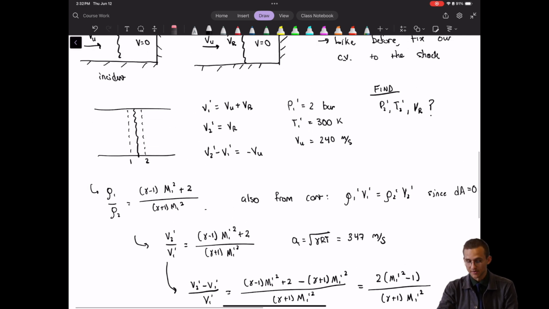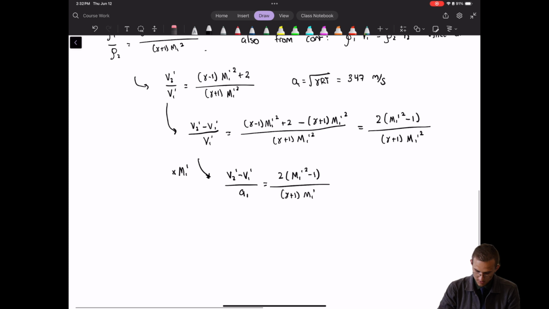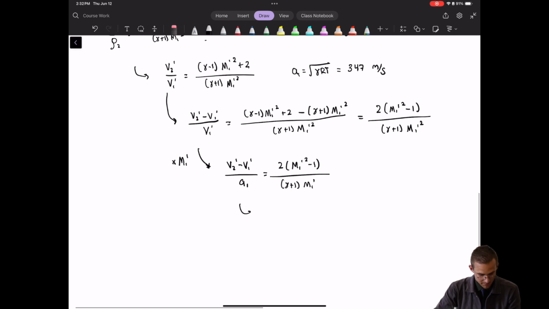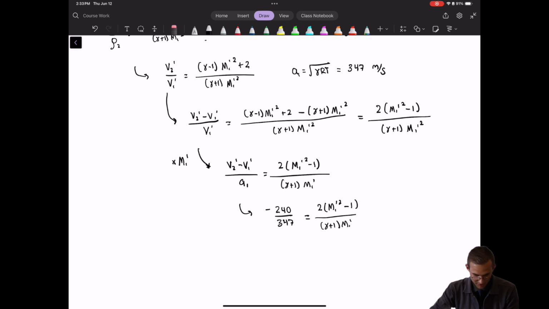It's 240 meters per second. So let's go ahead and sub in the numbers here. We end up with minus 240 divided by 347 is equal to 2 times M1 prime squared minus 1 over gamma plus 1 M1 prime. And we can use the quadratic formula to obtain M1 prime is equal to about 1.498.